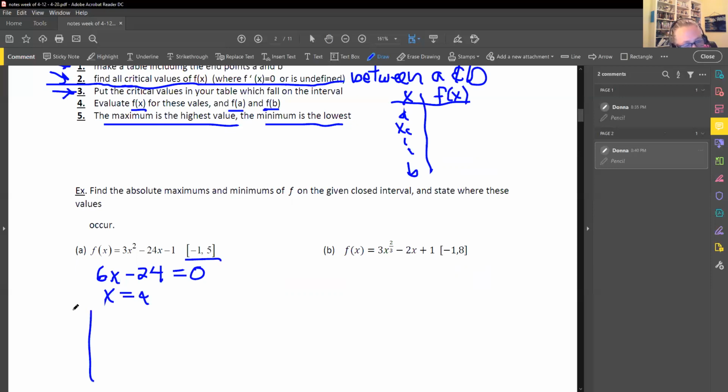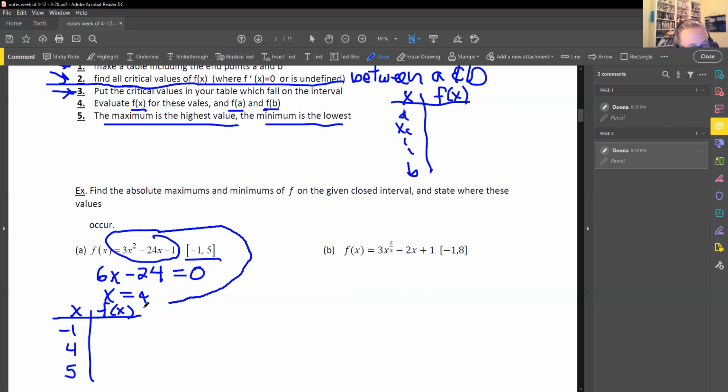So I'm going to make myself a little table, and I'm going to put the endpoints on there, -1, 5, and 4 was in between. So those are the values I'm going to test for the absolute extrema. So what you're going to do now, real simple, you're going to plug it back into f of x, all right, not the derivative.